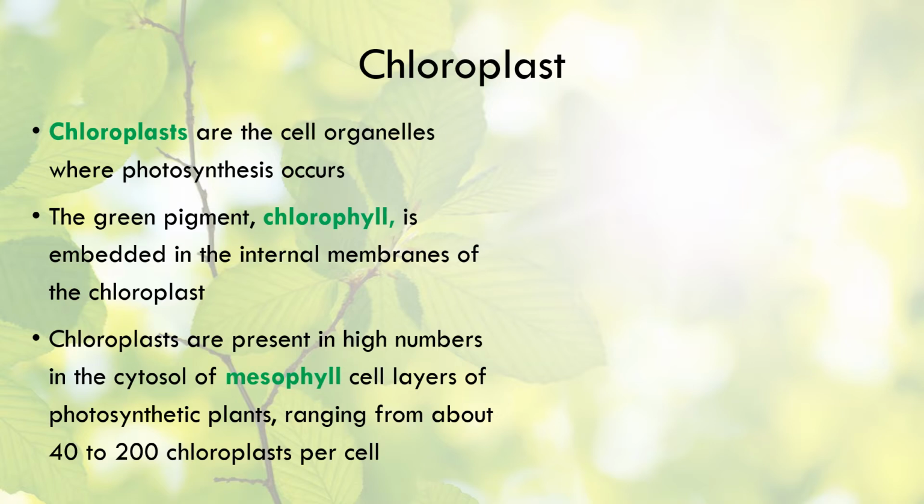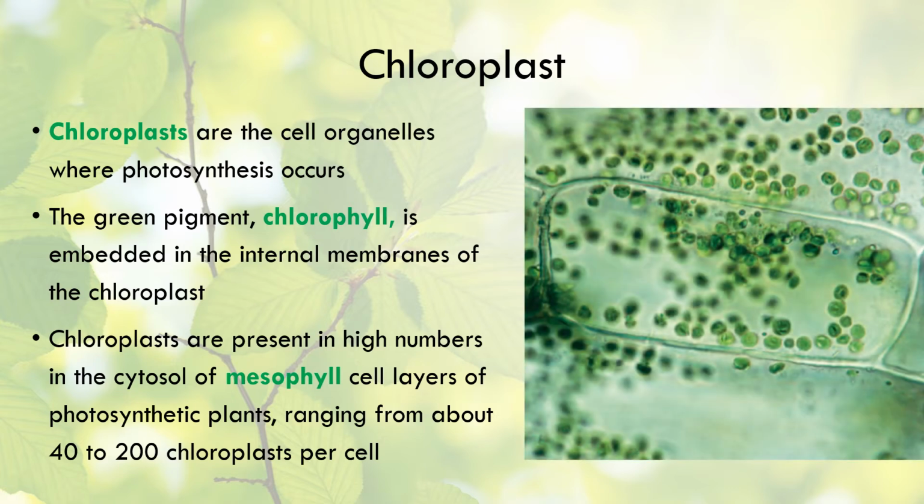Now, if you think about a plant cell, there's the chloroplast, and there's quite a few of them located within that cell. About 40 to 200 chloroplasts per cell can be found in there. So depending on what the leaf structure is and what type of cell we're looking at, it will vary between the cells.